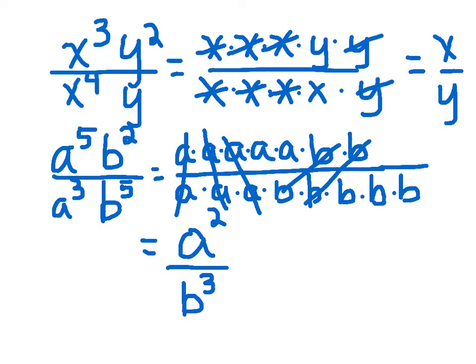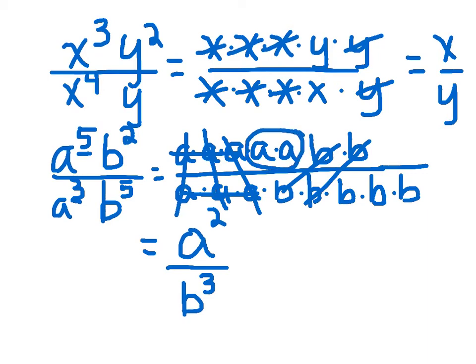Now you hopefully remember that the rule for multiplying monomials was to multiply the coefficients and add the exponents. And probably by now you've noticed that if I have 5 a's on the top and 3 on the bottom, 3 of them will cancel out, leaving these 2 on the top.